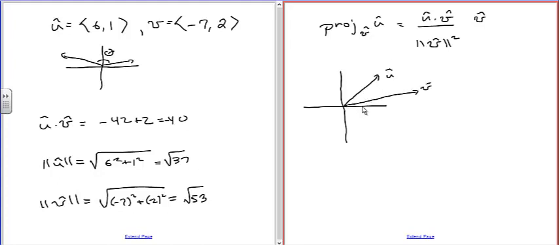So let's think about what this might be. Let's see, vector u is 4, 5, and we'll let vector v be 8, 2. So you can see it goes much further in the x direction than the y direction.